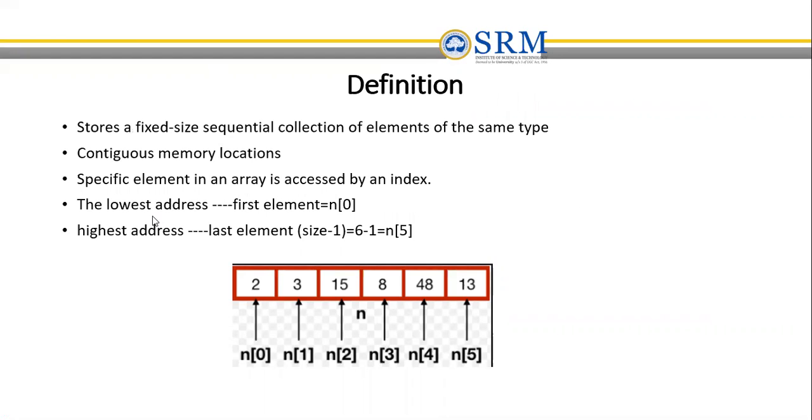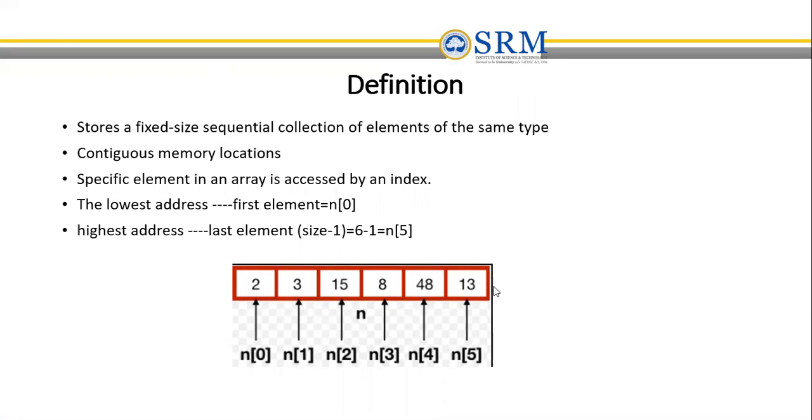Here the lowest address is the first element, and the highest address is the last element. For example, take 2, 3, 15, 8, 48, and 33. All are of integer type. The size of this array is n, where n is 6 elements.